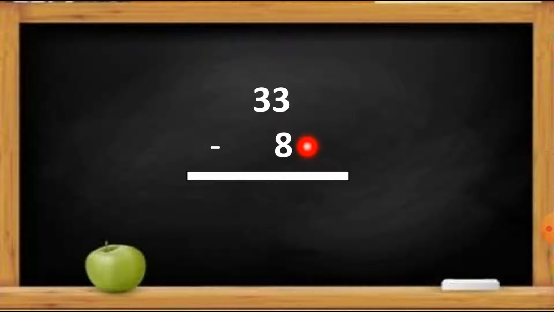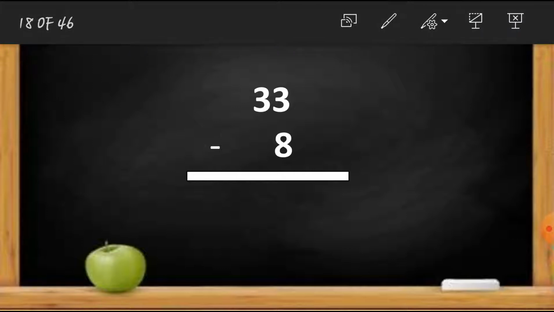So we can't take away 8 from 3. So we take 10 from the tens column. We will add this 10 to this 3, so 3 will be 13. I write 13 here, and let's cut 1 from this 3, so it will be a 2 now.